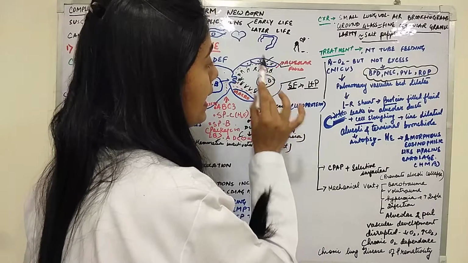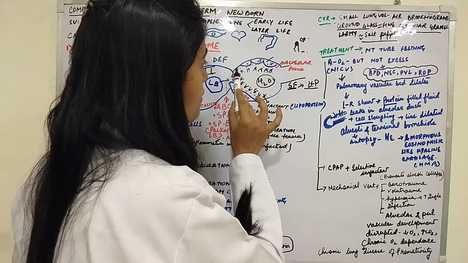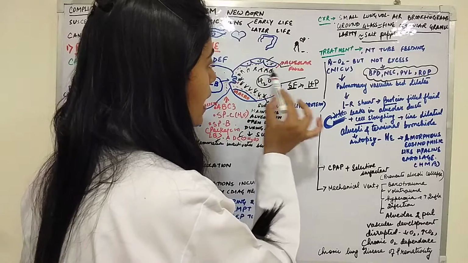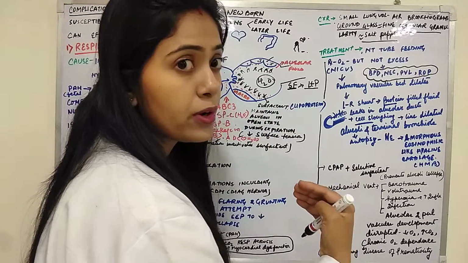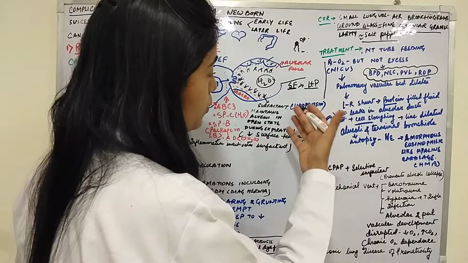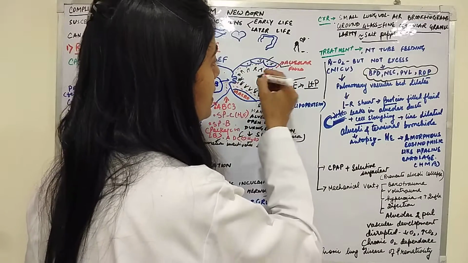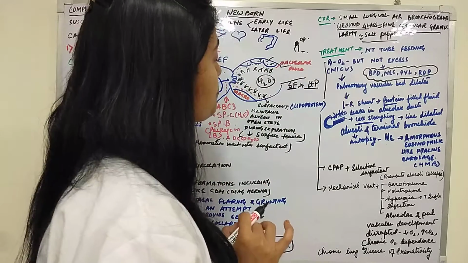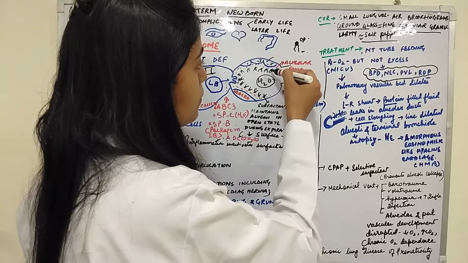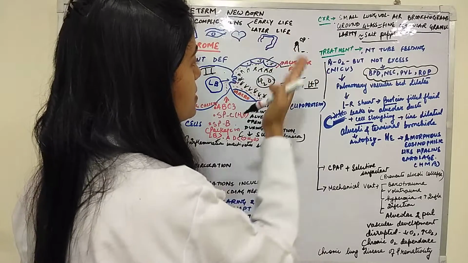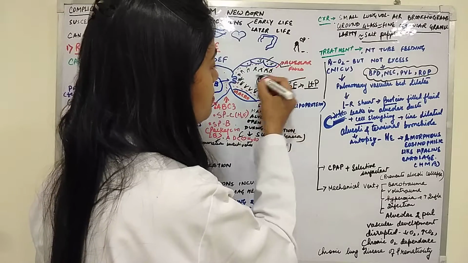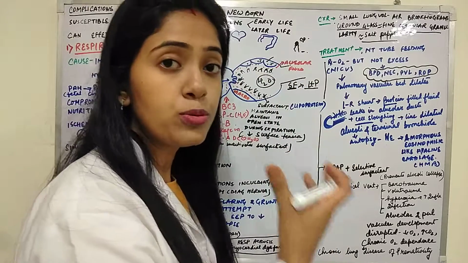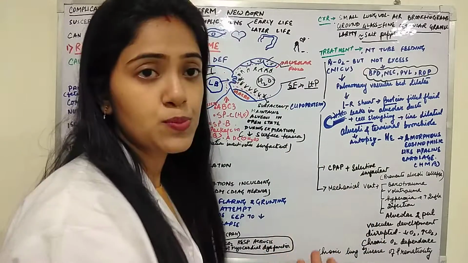The hydrophilic end is towards the alveolar fluid which is present at the rim of the alveoli, and the hydrophobic, or not water-loving, pole of the surfactant molecule is towards the air, that is the cavity of the alveoli. So the water-loving portion is pulled towards the outer side and the water-hating portion is towards the air, maintaining the open shape of the alveoli during expiration.